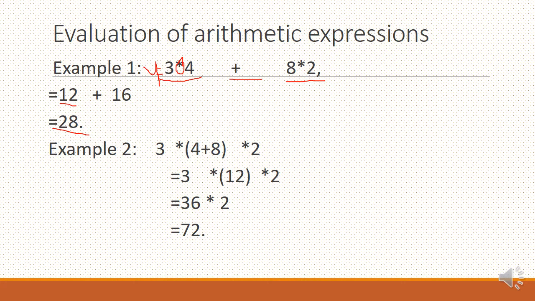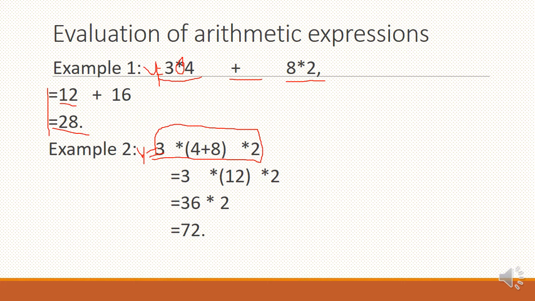Here you see what happens. Let us say in example 2 also I take it as y. An expression should always have the equal to. Here I have not written it, but I have started with the equal to. So y is equal to 3 * 4 + 8 * 2. Which one are you going to do first here? Just think for yourself.